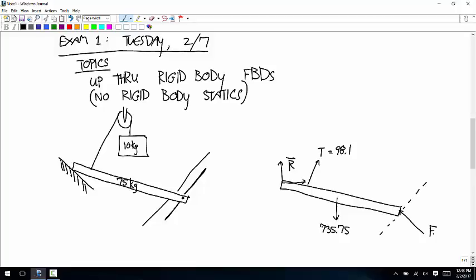So if the only forces on this were a force here and a force here, those forces would have to be parallel to the beam. But this one has a bunch of forces acting, 1, 2, 3, 4 different forces. So you can't use the assumption of two forces.